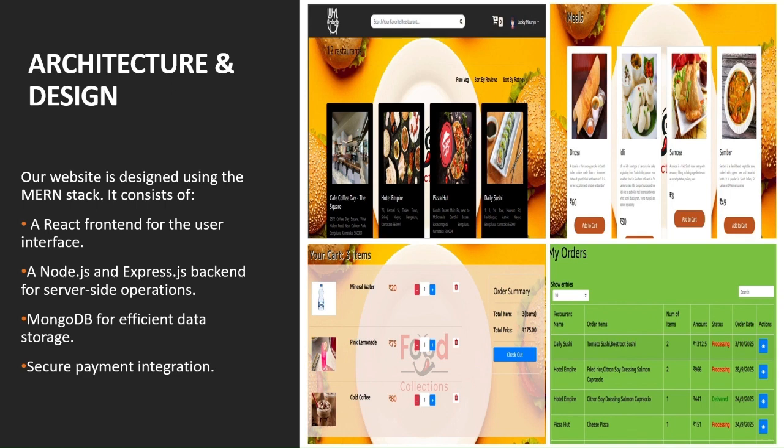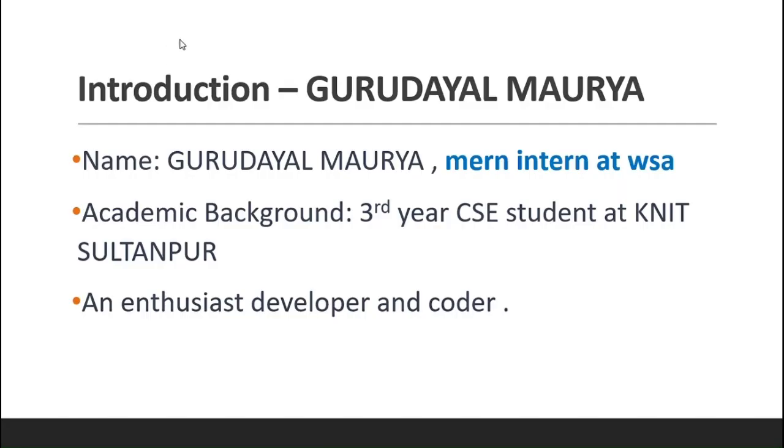At the top left you can see the logo of our website, and then the search bar where you can search for food and restaurants, and then the name of the user and the cart. And at the bottom the user can select the restaurant, and then he will reach the page you can see in the second screenshot.